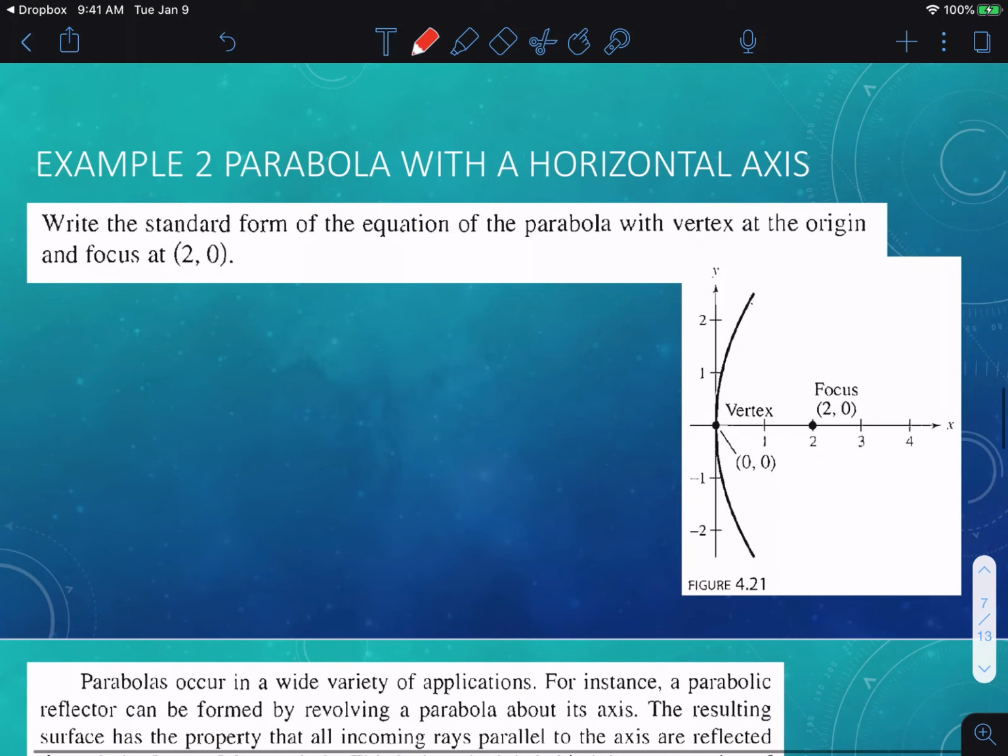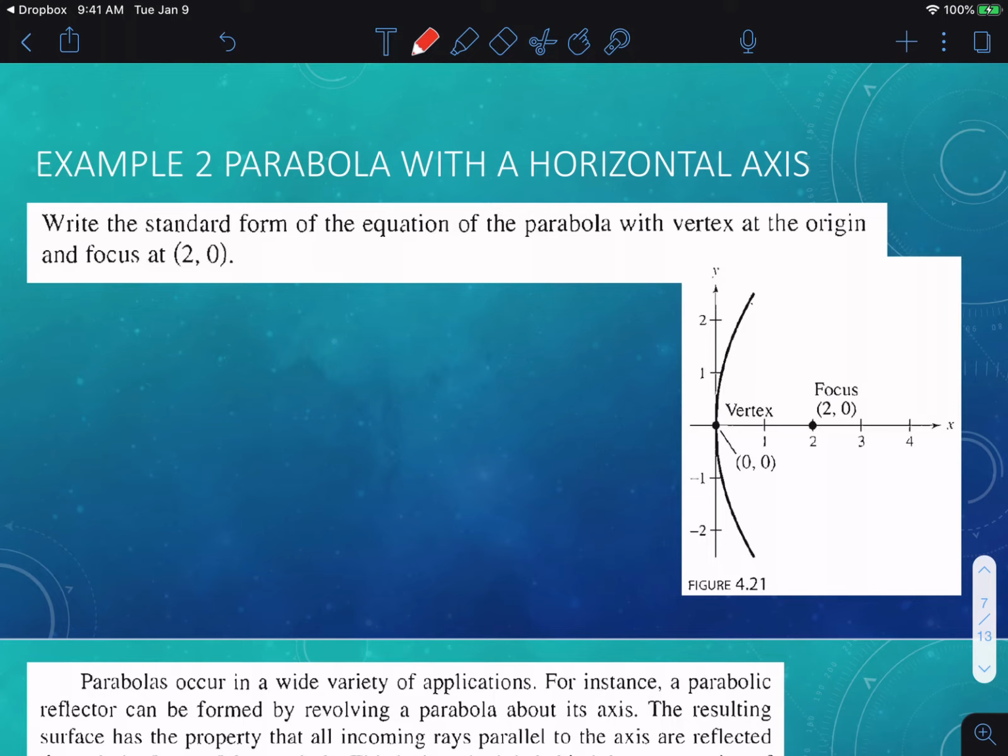Example 2, parabola with a horizontal axis. So if the horizontal axis, meaning that the vertex and the focus are laying on the axis of the parabola, then we must be looking at the equation where we're talking about y squared is equal to 4px.